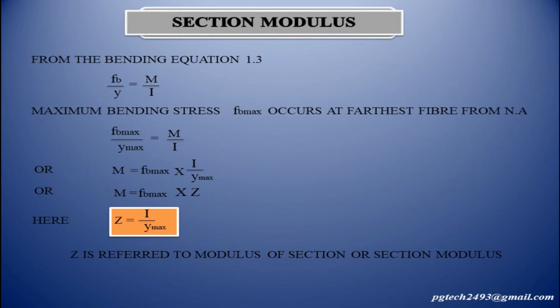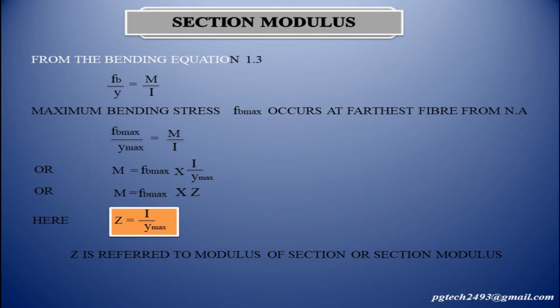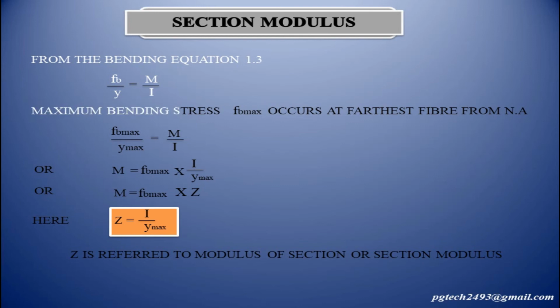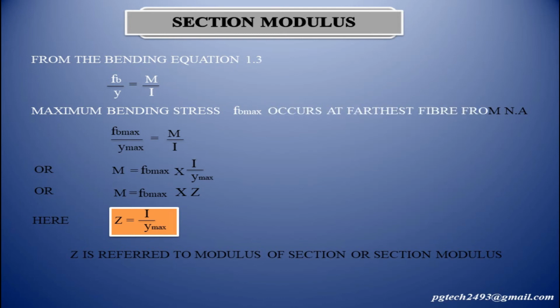Section modulus. From the bending equation 1.3, Fb by Y equals M by I. Maximum bending stress Fb max occurs at the farthest fiber from the neutral axis.